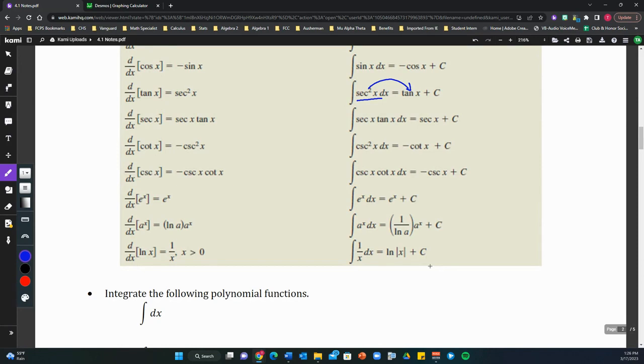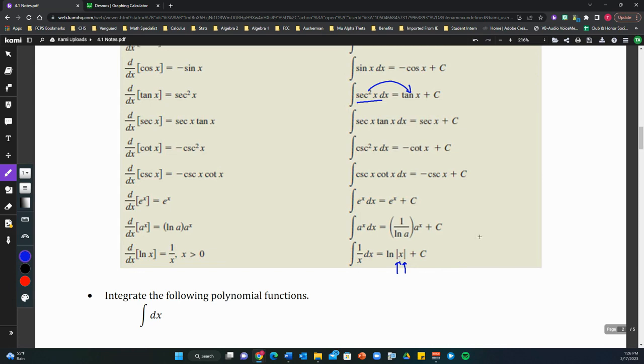Now we have to divide by natural log of that base because it's in the reverse order. Natural log of x turns into 1 over x, while 1 over x now turns into natural log. Notice these absolute value bars. I told you guys that earlier. That has to do with maintaining that same domain as the original function that we were integrating.